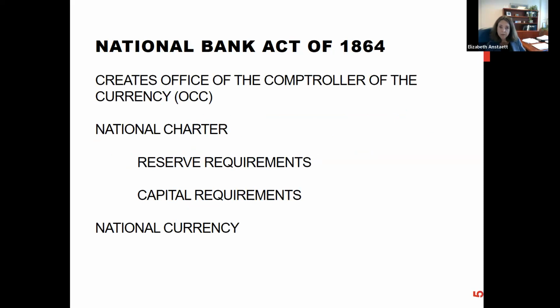So we have the National Bank Act, and that is the basis of laws and regulations governing national banks, and the OCC is the agency that supervises and examines national banks. So if you were to work at a national bank, you would have the Office of the Comptroller coming to your office on a regular basis.